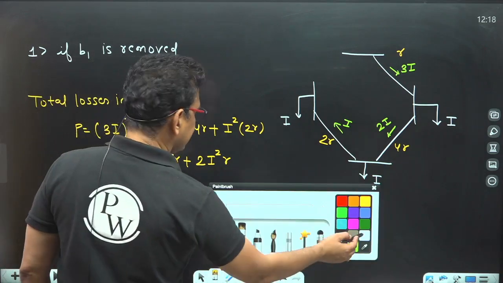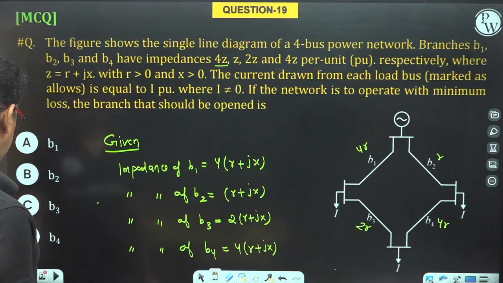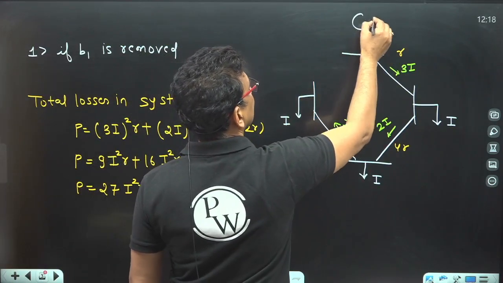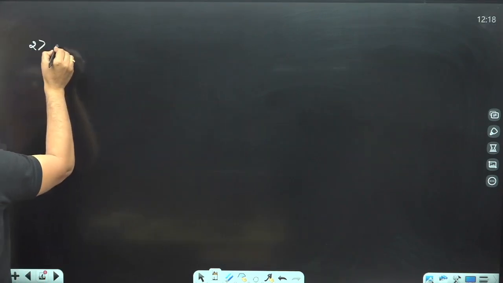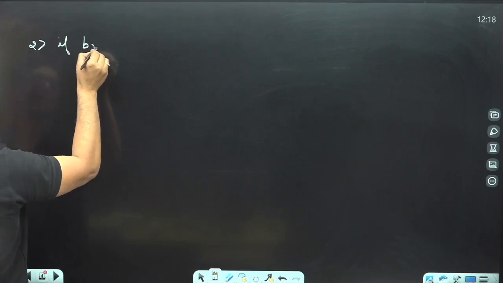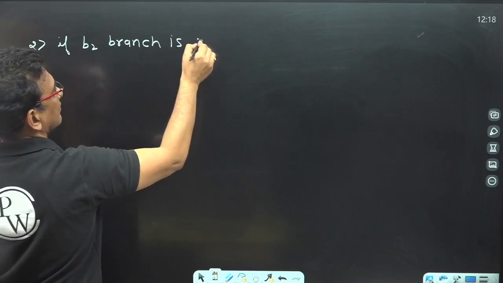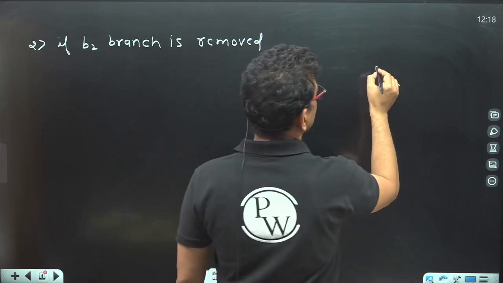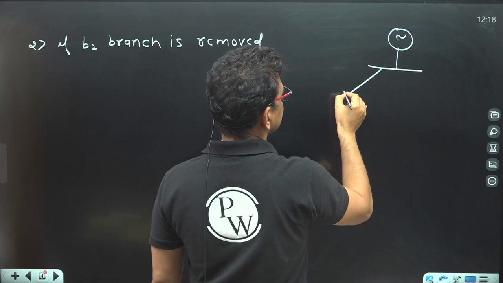Now in the second case, if the B2 branch is removed, the system will be reduced in this form.